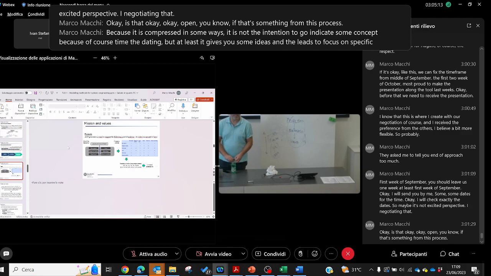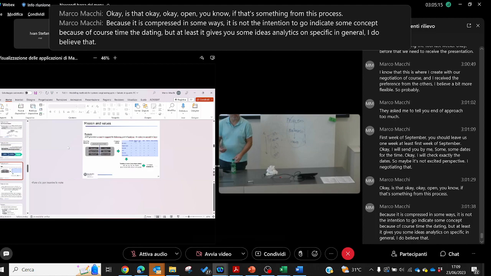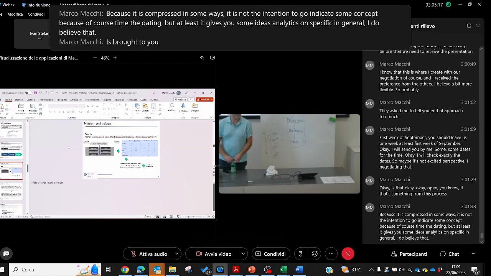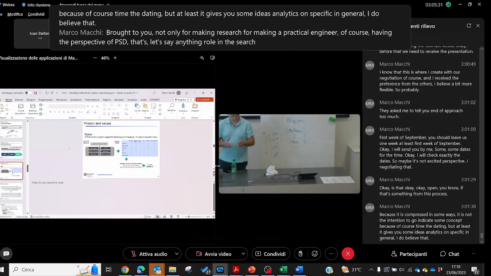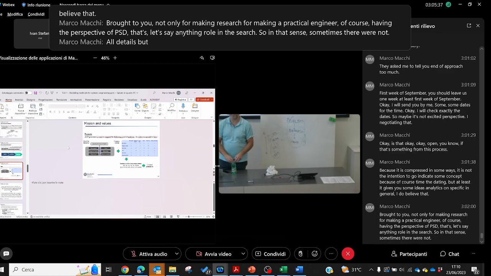In general, I do believe that this is brought to you not only for making research but for making practical engineering, of course having the perspective of a PhD that has a leading role in research. So in that sense, sometimes we were not saying all the details, but giving you the link to something which maybe is useful to explore. Okay?